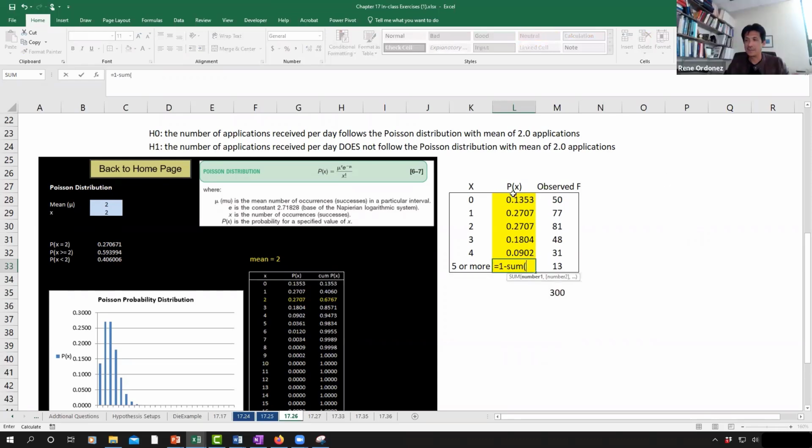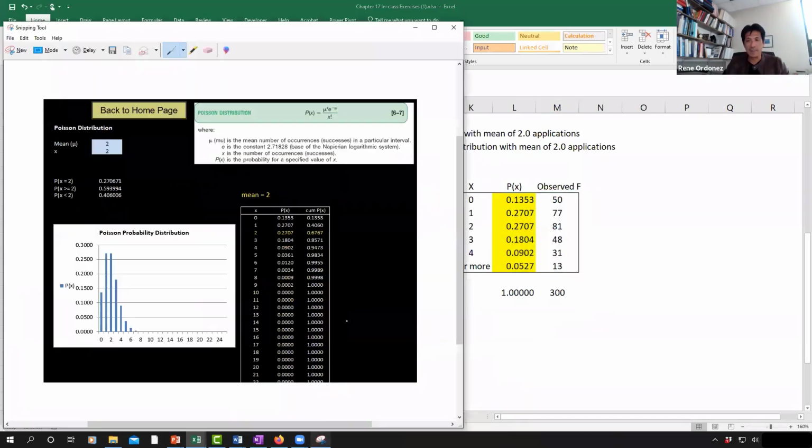All right. Okay. So if we added that column of probabilities, that is equal to 1 or 100%. So we will be using these probabilities and these observed frequencies in the template.